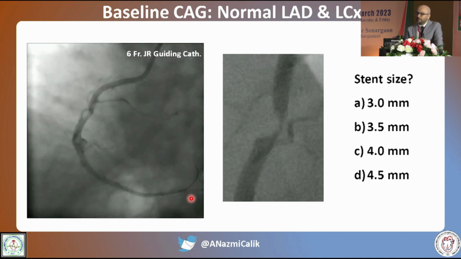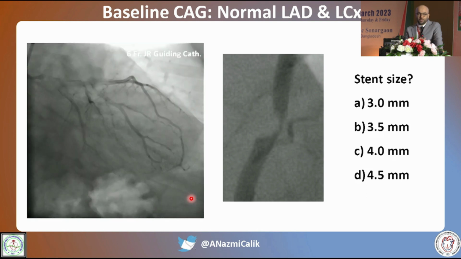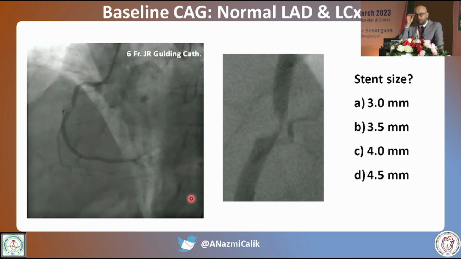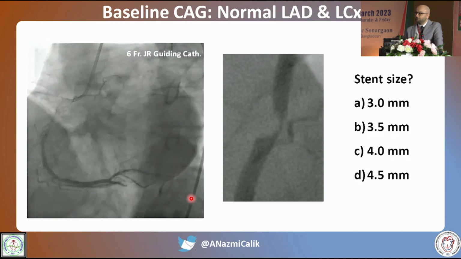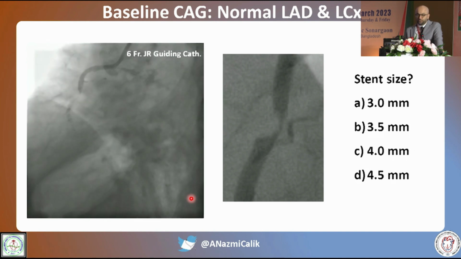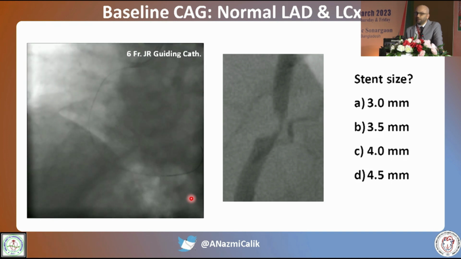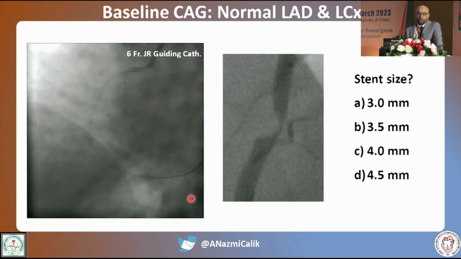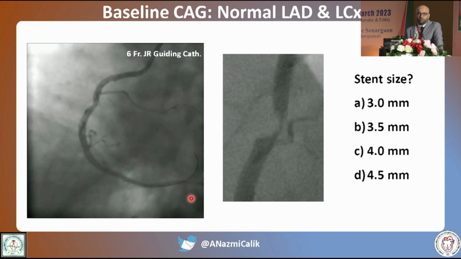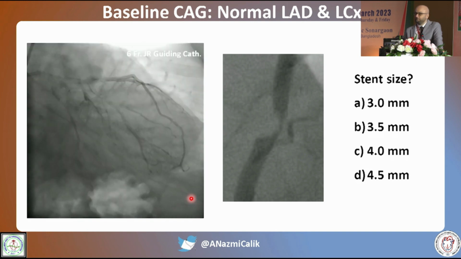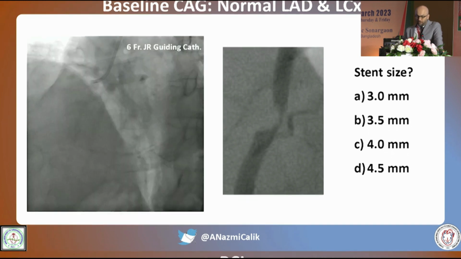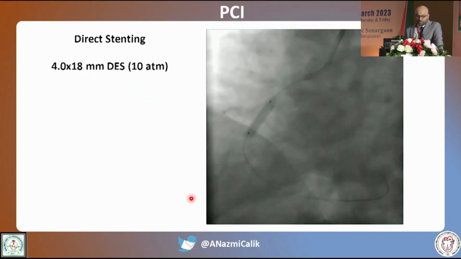Which stent size would you choose in this particular patient? Who would go for a 3.0? And who would opt for a 3.5? Who would go for a 4 millimeter stent? One. Okay.